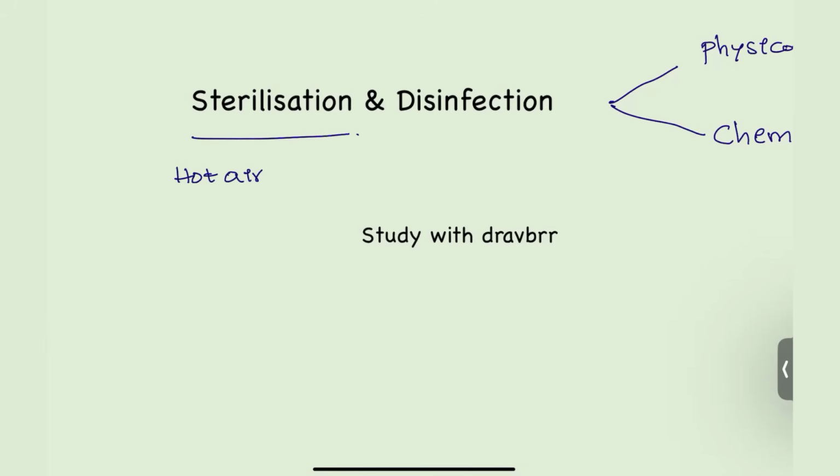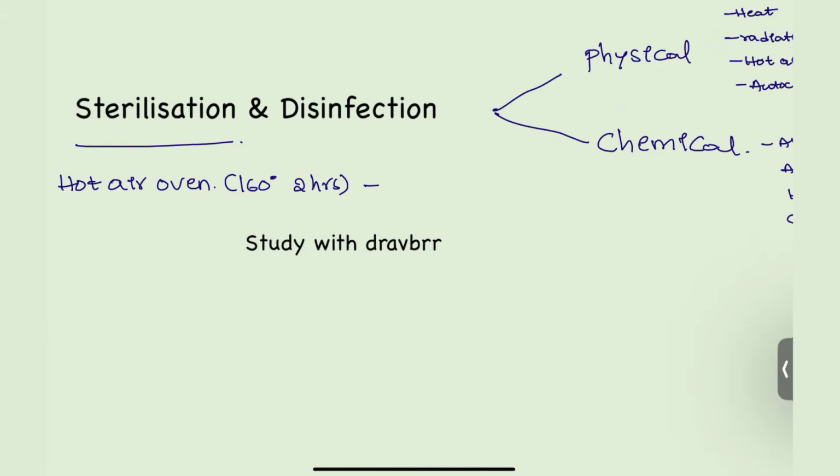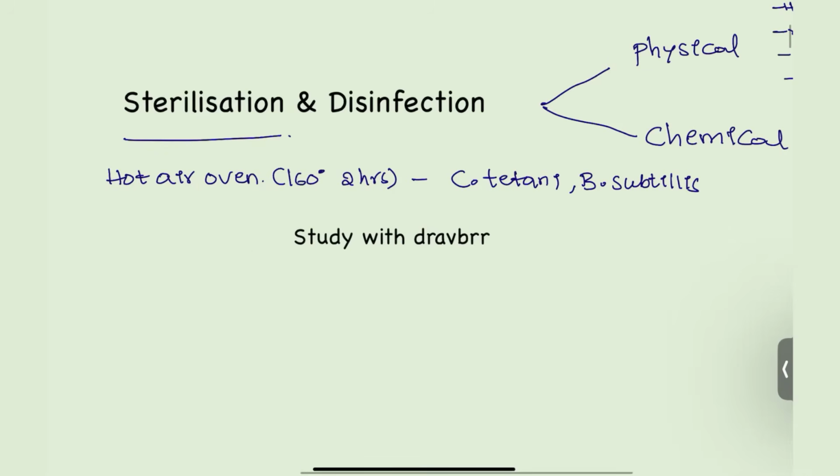Okay, hot air oven. This hot air oven will be at 160 degrees for 2 hours. What is the control for this hot air oven? It is Clostridium tetani and Bacillus subtilis. Okay, next one, autoclave at 121 degrees Celsius for 15 minutes.